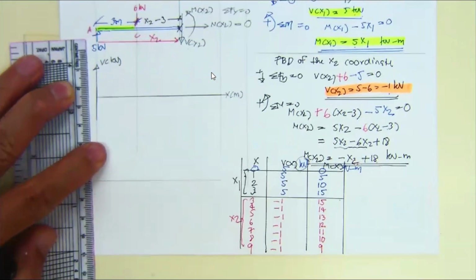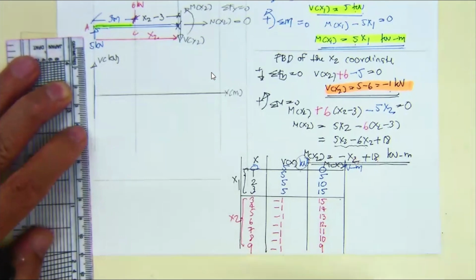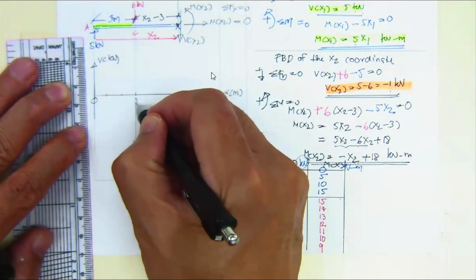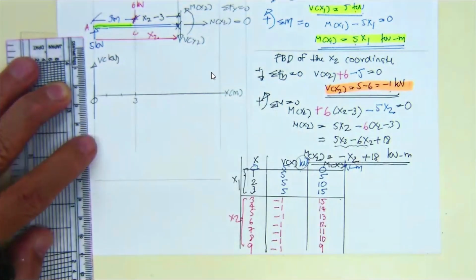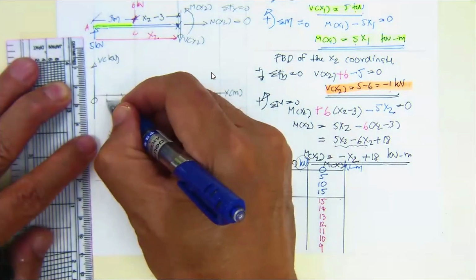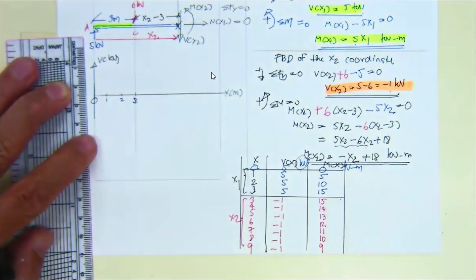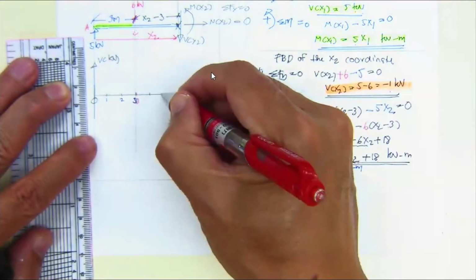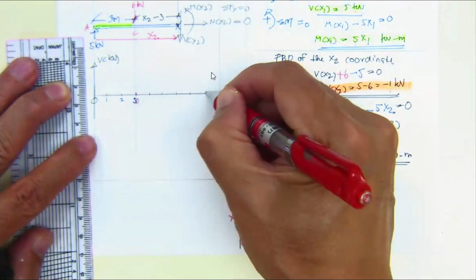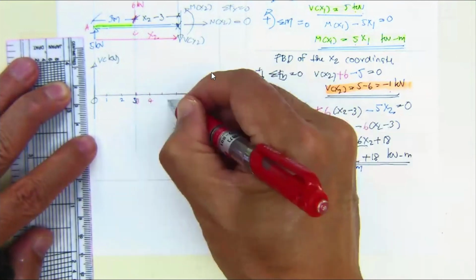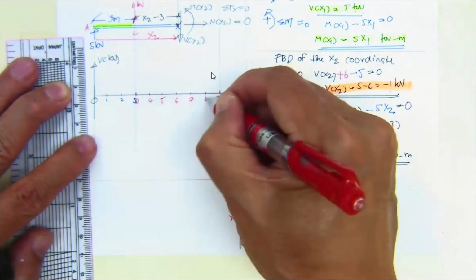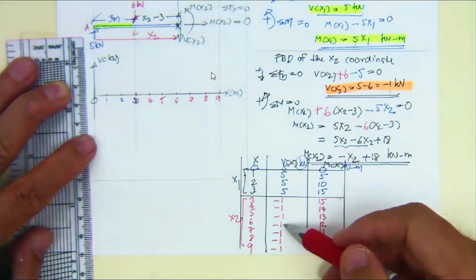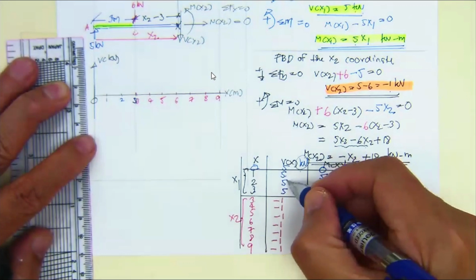Now, based upon what we have here, we start from this one, 0, 1, 2, 3. And then we have 3, so starting here, 3, 4, 5, 6, 7, 8, and then 9. You see the coordinates, right? The blue and the red. Then the value of this one is 5.